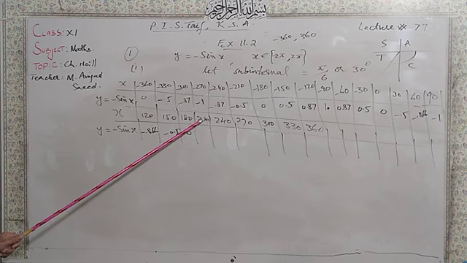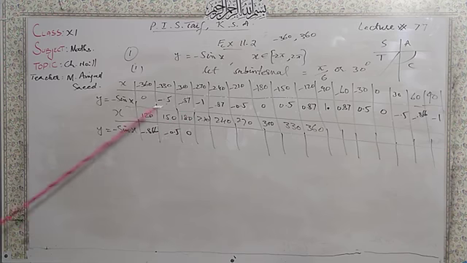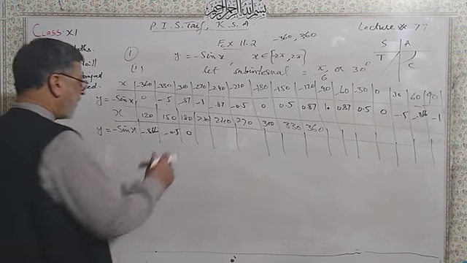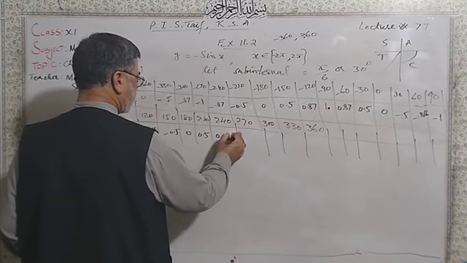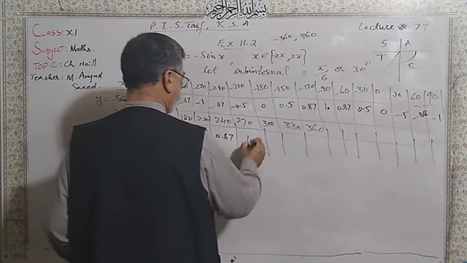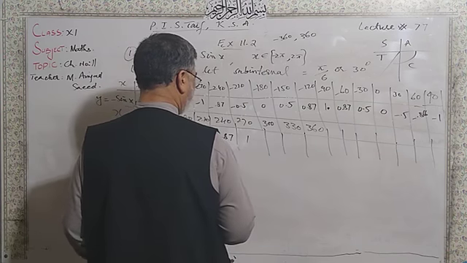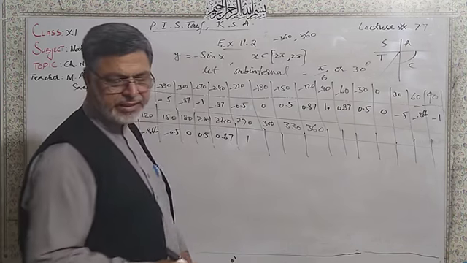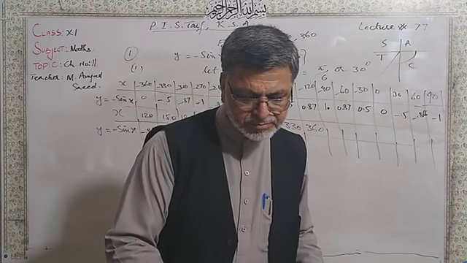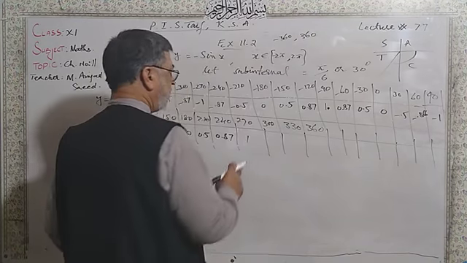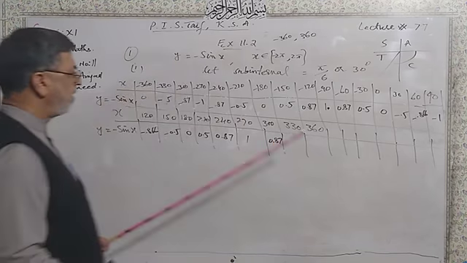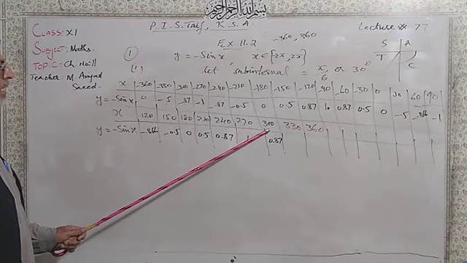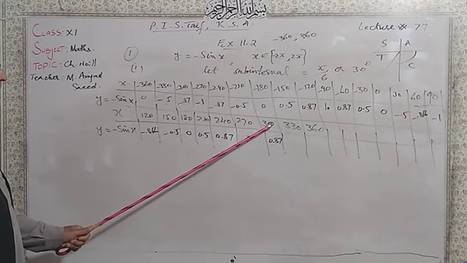Sine 210 is in the third quadrant, and it will be negative, but minus minus plus here. So that's why it is 0.5, plus 240, 0.867, and 270 is 1. 300 will be 0.87 because 300 is in the fourth quadrant and sine in the fourth quadrant is negative.